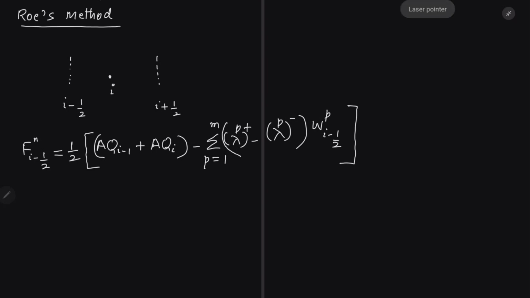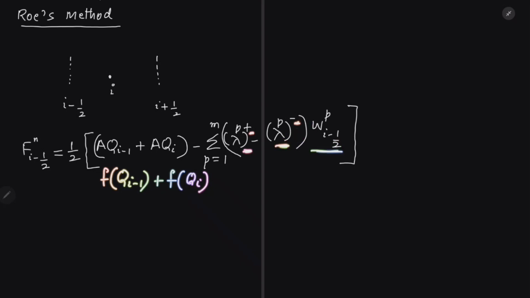This can also be written with the flux value, maybe small f of q i minus 1 plus f of q i. And these lambda plus and lambda minus mean we have a positive value for the speed and a negative value for the speed.